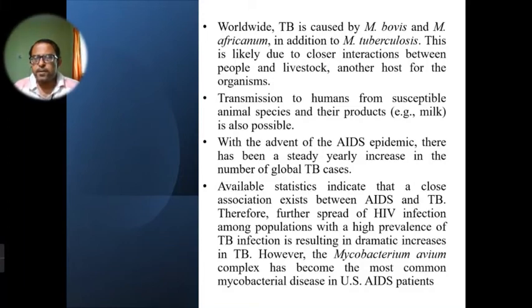As you know, Mycobacterium bovis is also capable of causing disease to human beings. Similarly, Mycobacterium africanum is also capable of causing infections in human beings. Transmission to humans from susceptible animals and their products is also possible.